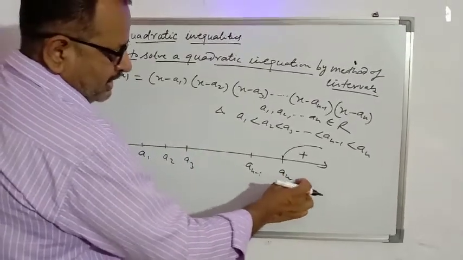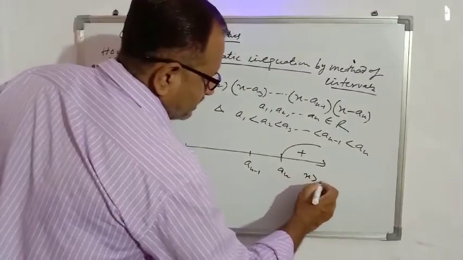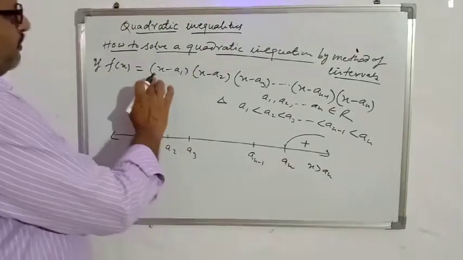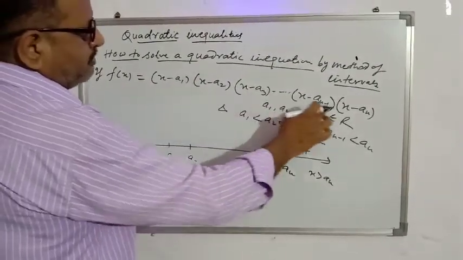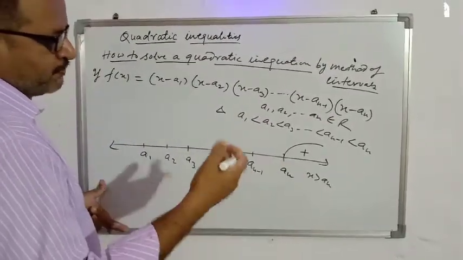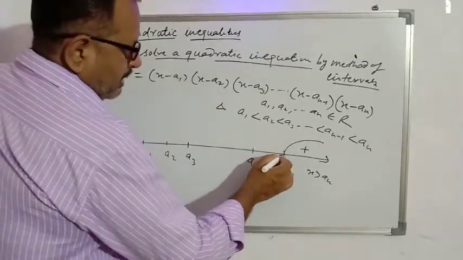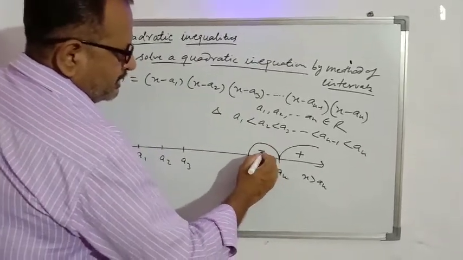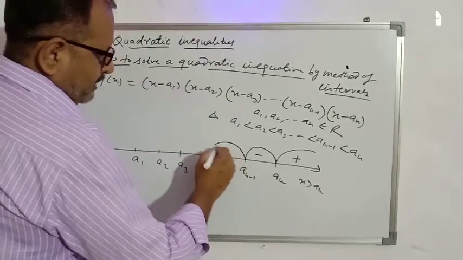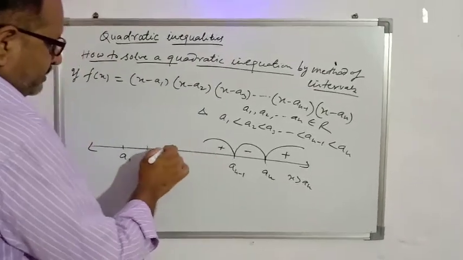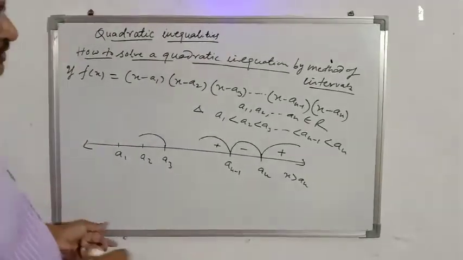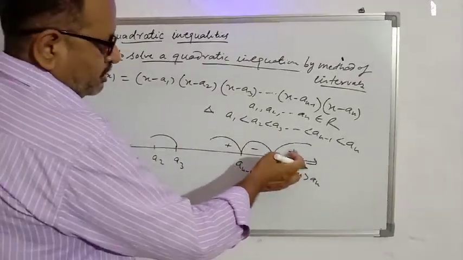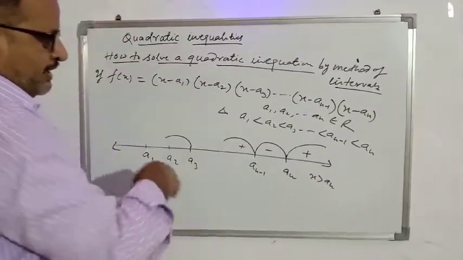For x greater than an, what will be the sign of the product of these brackets? Greater than 0 means positive, and in this interval it is negative, again positive, negative, like this. So from the right side we have to take positive, negative, alternate.